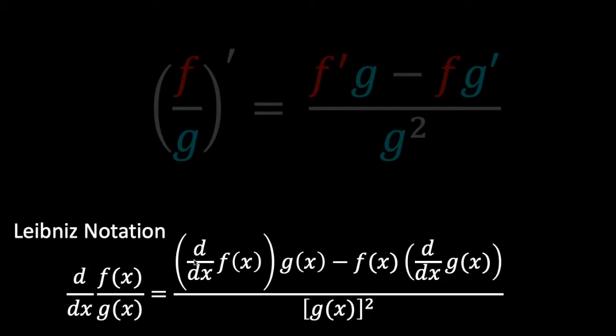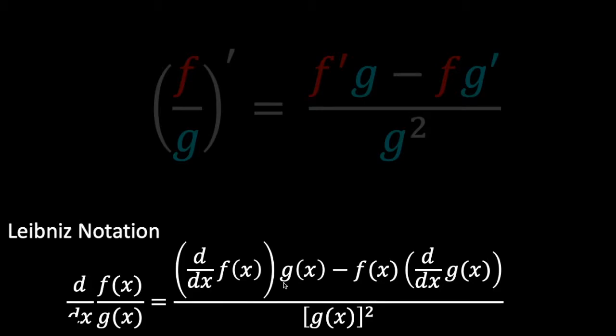It's going to equal the derivative of the first function, so df of x over dx, times the denominator left alone, g of x, minus the numerator left alone, times the derivative of the denominator, d dx of g of x. And all of that is divided by the denominator squared, g of x squared. If you see it in this notation, it's honestly the same thing, f prime g minus f g prime all over g squared. Perfect.